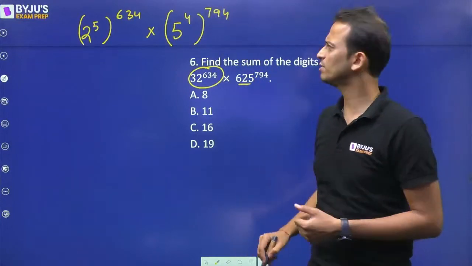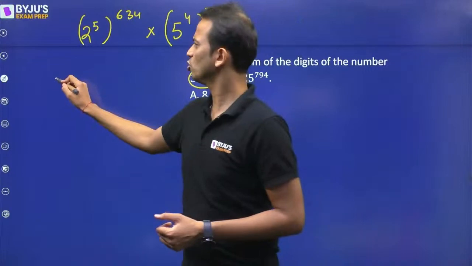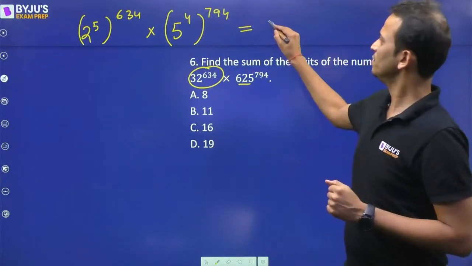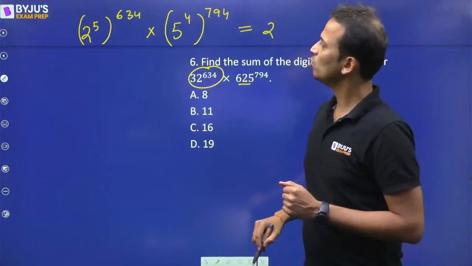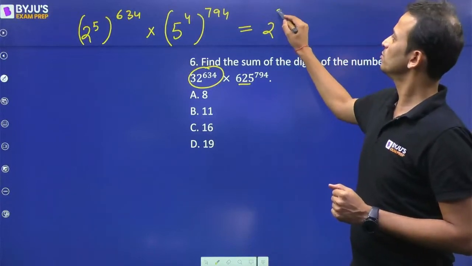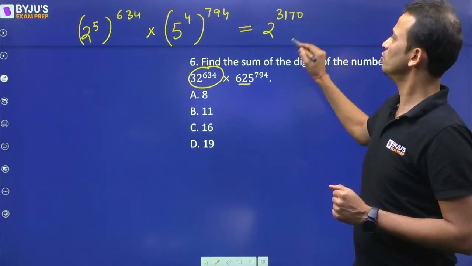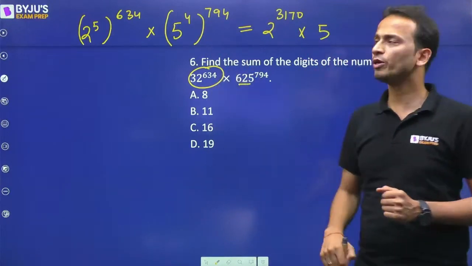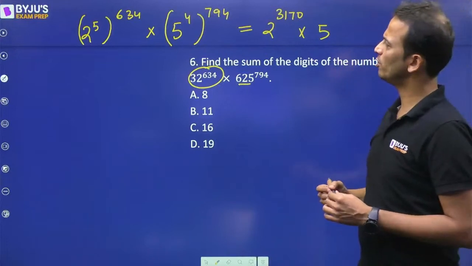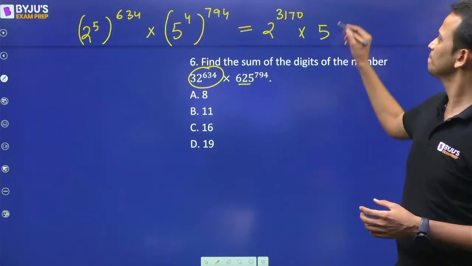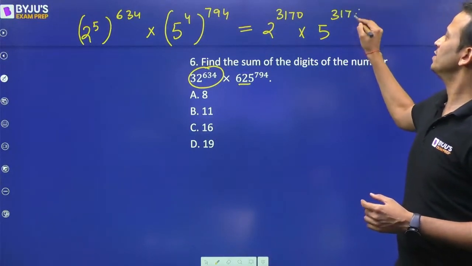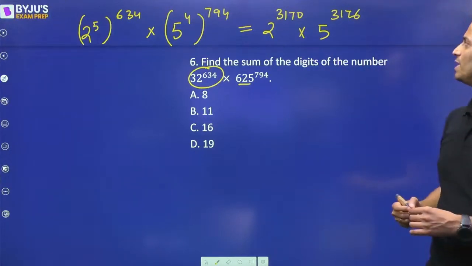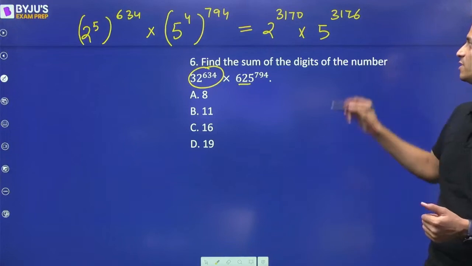Okay, अब इसको थोड़ा simplify कर लेते हैं. Upon simplification it will become 2 raised to the power 3170 multiplied by 5 raised to the power 794 into 4, so 3200 minus 24, 3176. Okay, so 2 raised to the power 3170 multiplied by 5 raised to the power 3176.